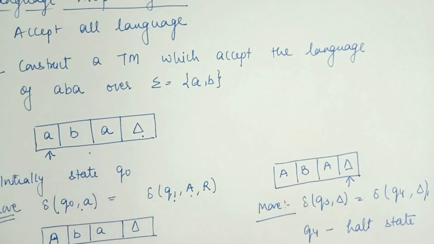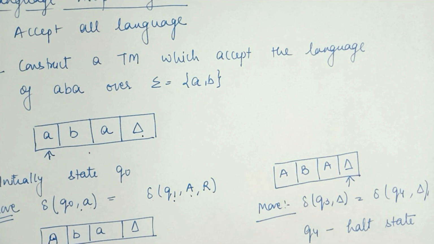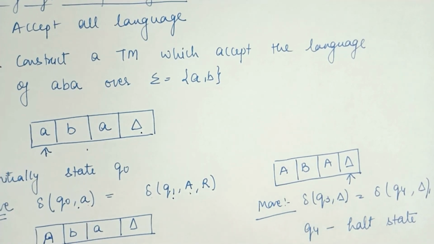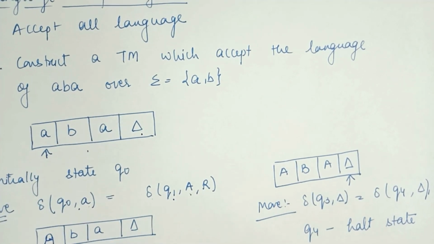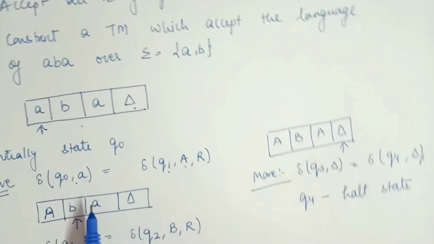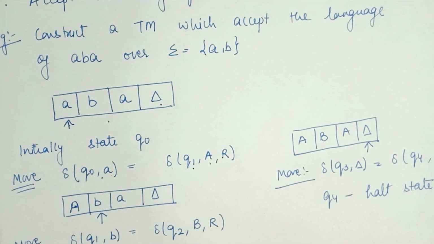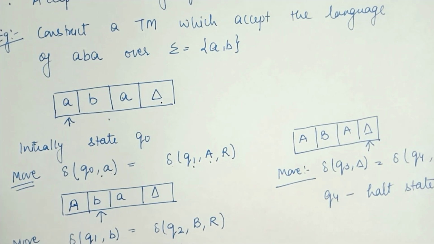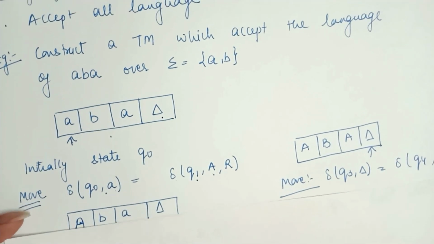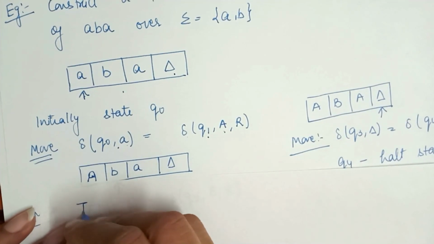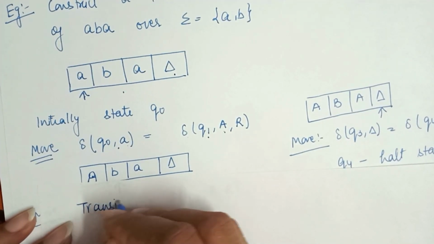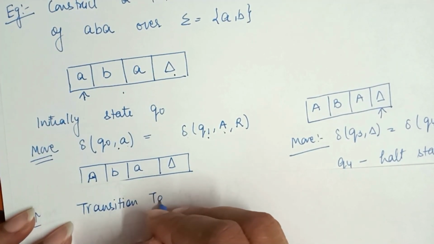So this is how we construct the Turing machine one by one, in a step-by-step procedure, and each step contains some move. Now we represent this Turing machine with the help of a transition table.